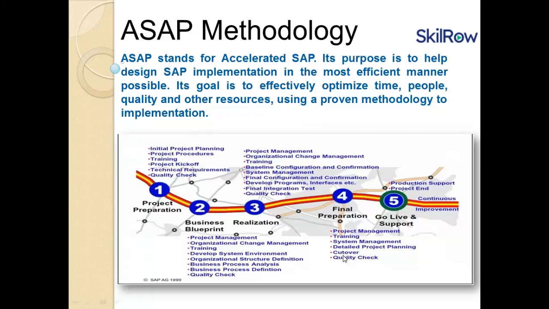So they will start mapping it. They will also prepare a team. Team preparation will happen. Team will be given training, and there is one day they will say project kickoff. Project kickoff, like the football you kick, the ball, like that. There's one day they will kick off. They'll start.